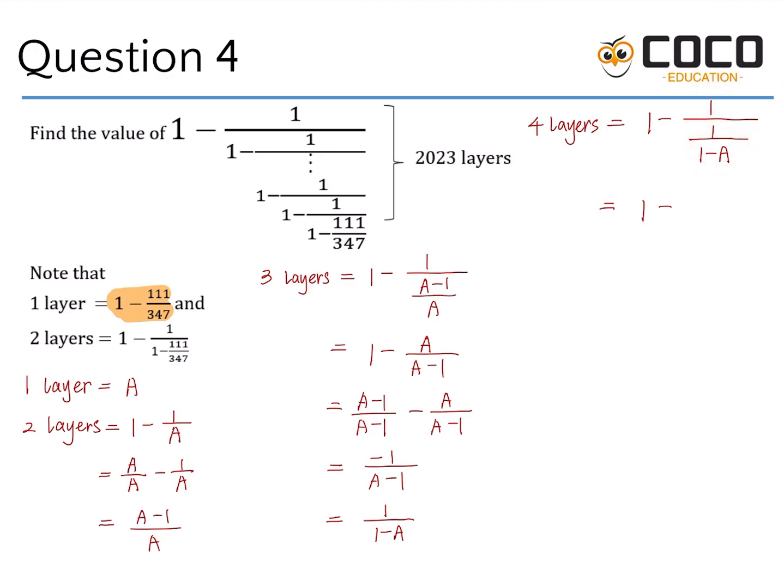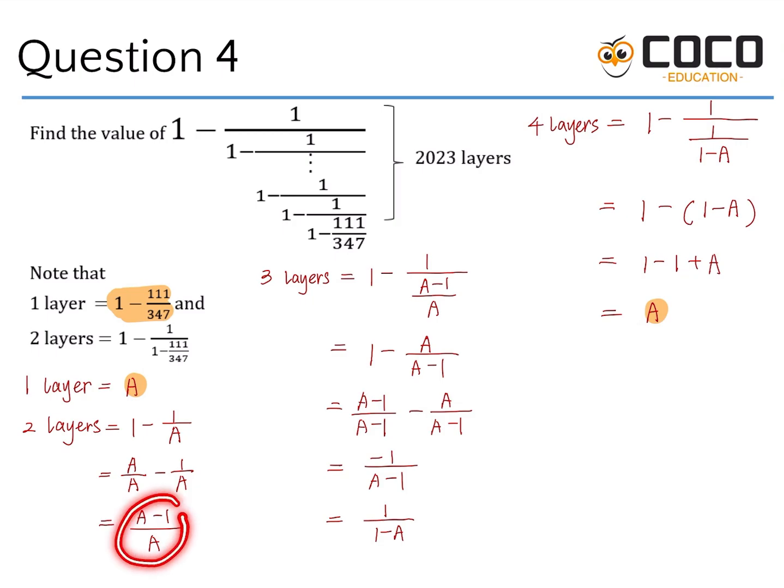So it just equals to 1 minus 1 minus A over 1. So expand the bracket, 1 minus 1 plus A. The answer is A. So notice that we get back to the same number. So every 3 layers, it will repeat. Then we will get the same number A.